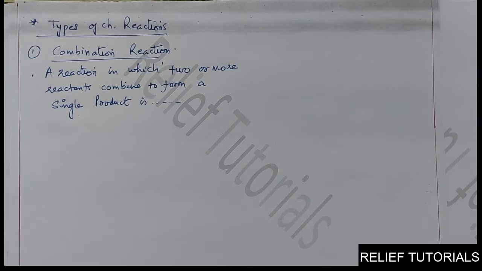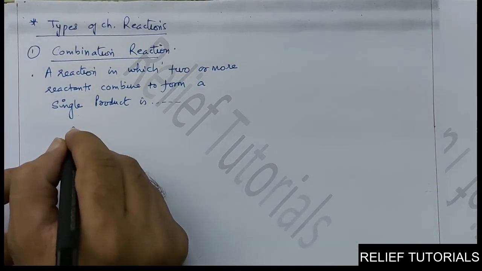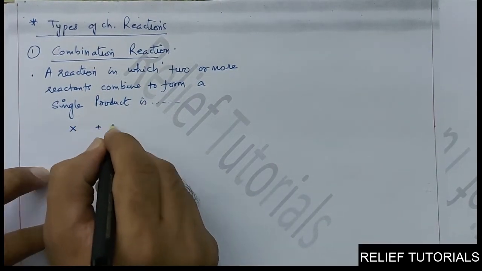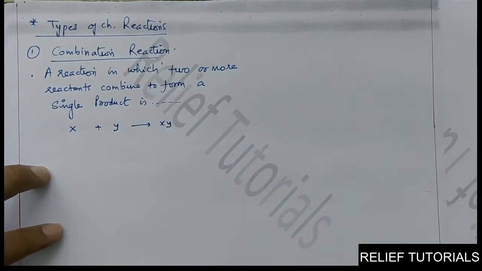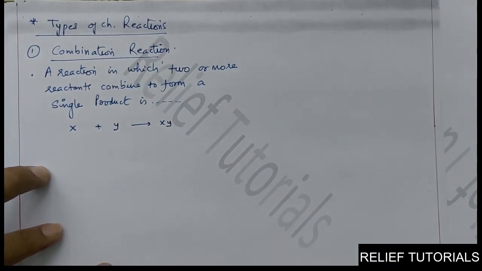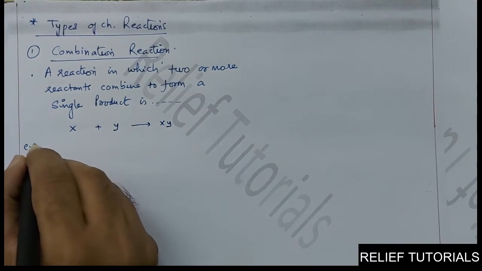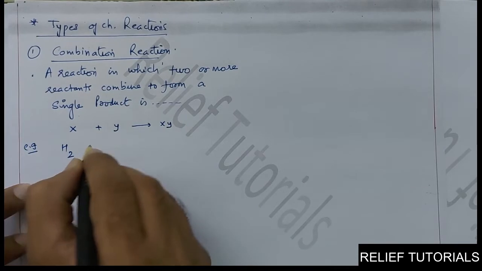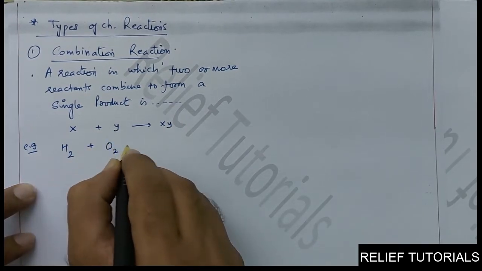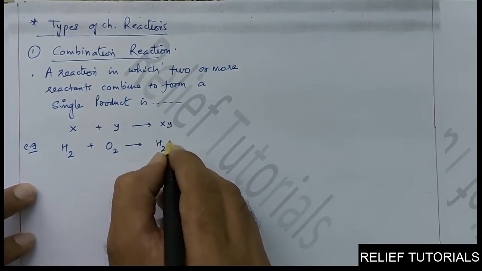If you represent the equation like this, let us say X reacts with Y, they form XY. Only one product is obtained. Okay, let us take some examples. Let us say H2 reacts with O2, they form H2O.